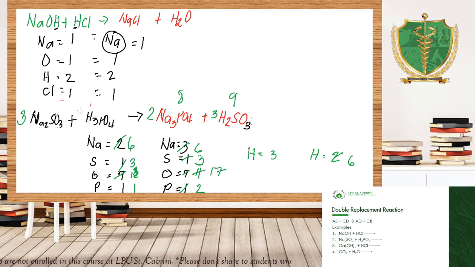So, nadagdag mo dito, 2. 2 times 3, 6. 2 times 2, 2. Okay? 2 times 4, 8. 3 times 3, 9. 9 plus 8, 17. Balance equation? Yes. So, the balance equation is this one.